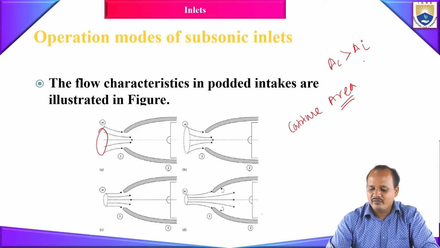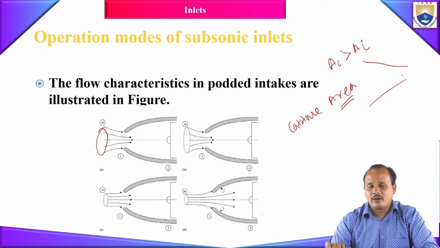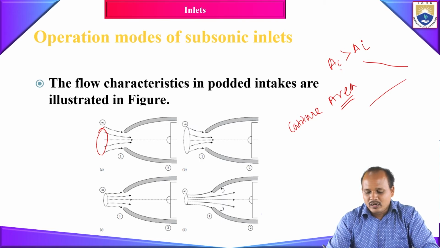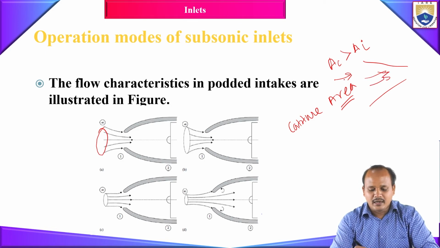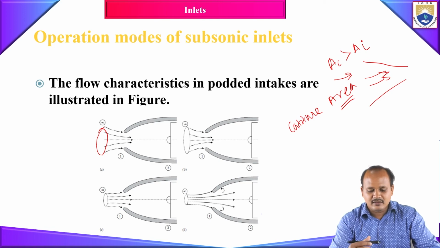It's kind of similar to a convergent section. As you know, flow passing through a convergent section will be accelerated. So during low speed or still operation, the flow will be accelerated outside of your intake. Because of this acceleration, what is going to happen? You know, mass flow rate m dot is equal to rho A V. So the velocity is being increased.